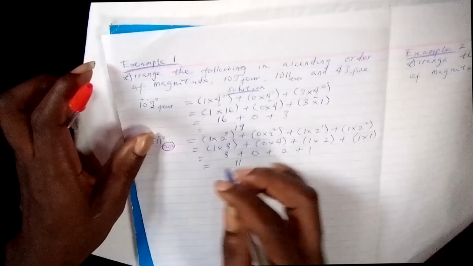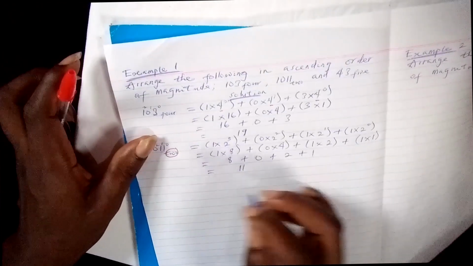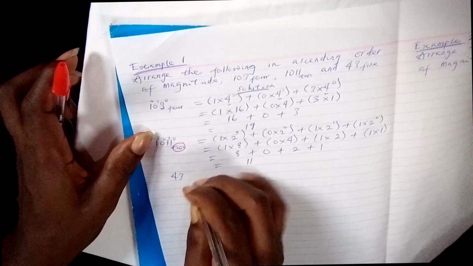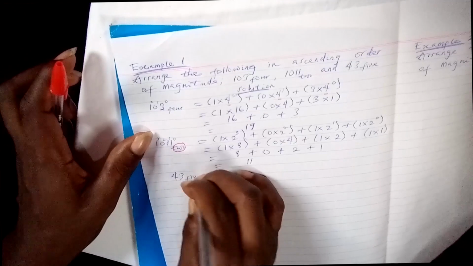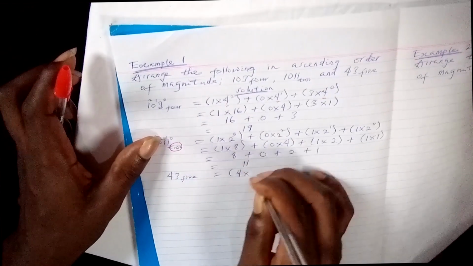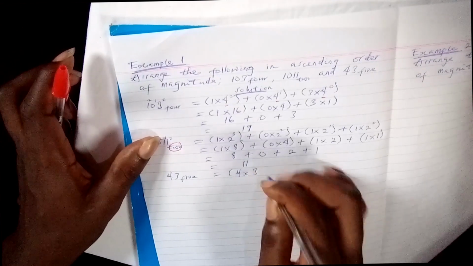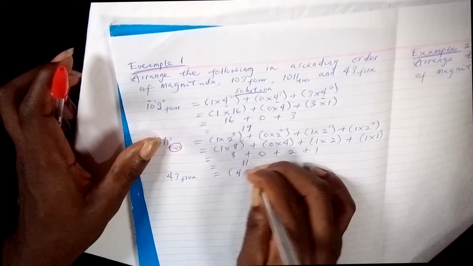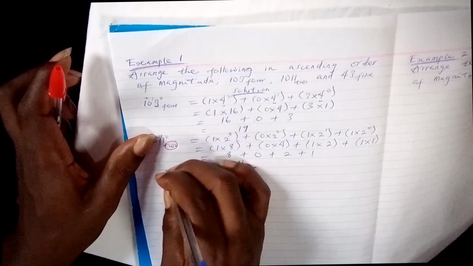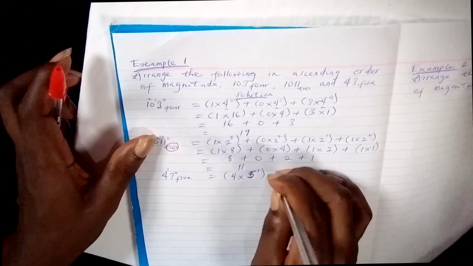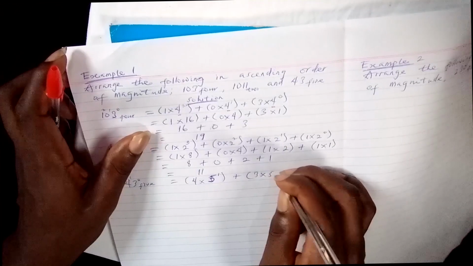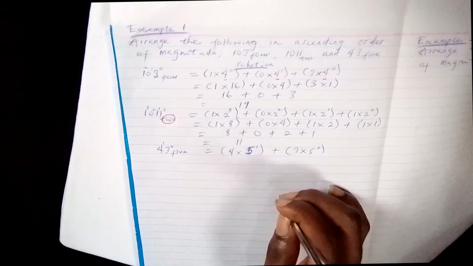Now let us continue changing 43 in base 5 to base 10 numeral. 43 base 5 is equal to 4 times 5 power 1 plus 3 times 5 power 0.